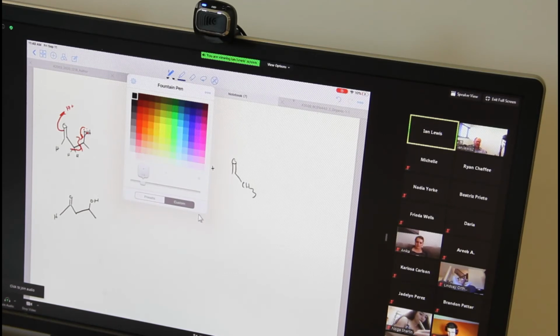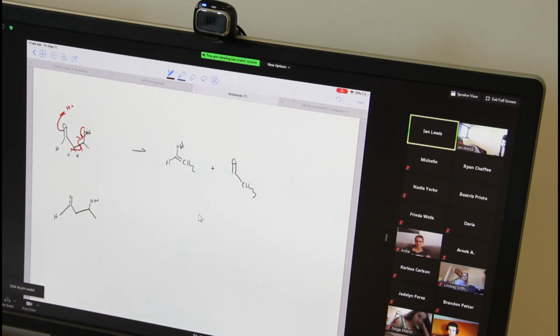So everybody in the chat, where's the beta to carbonyl bond? It's this guy right here. Where's the carbonyl? Here's the carbonyl, right? So this guy's alpha, that guy's alpha, that means beta. So that's got to be the guy that's going to break, right?